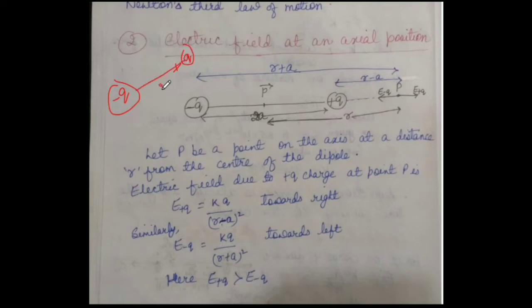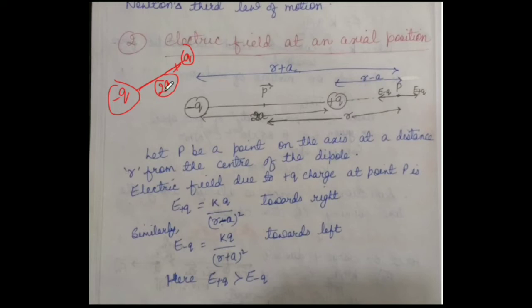I am taking the distance as twice a, because when you halve this distance it does not become a fraction. So for simplification, I always take the distance between these two charges as 2a or 2d, anything you can take. So a system of two equal and opposite charges separated by some distance forms an electric dipole. The positive and negative charges have the same value and are separated by a distance, so what does this form? An electric dipole, right?